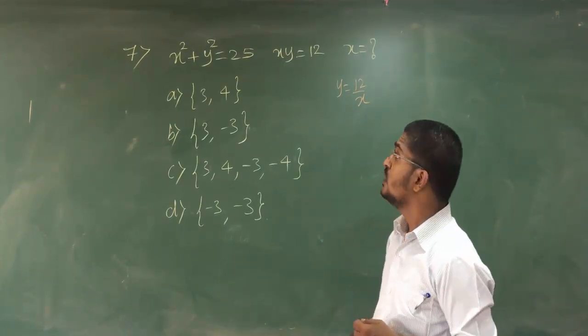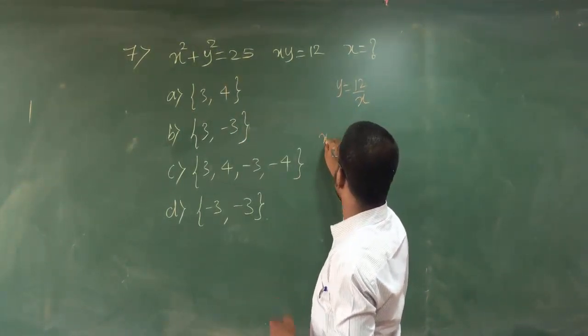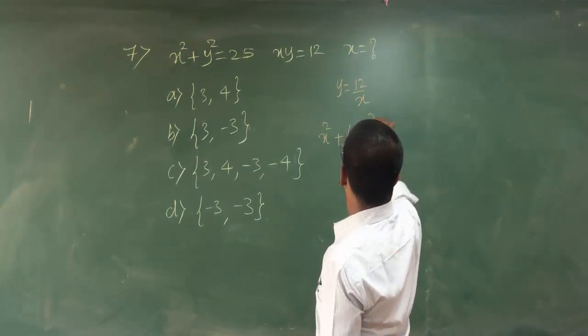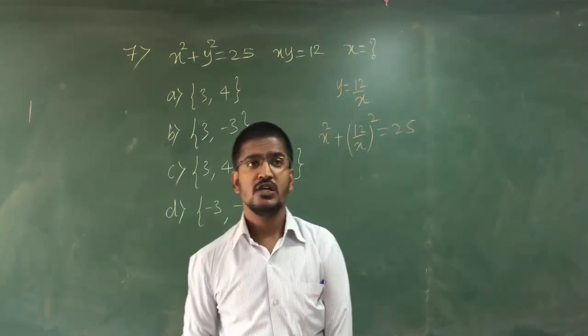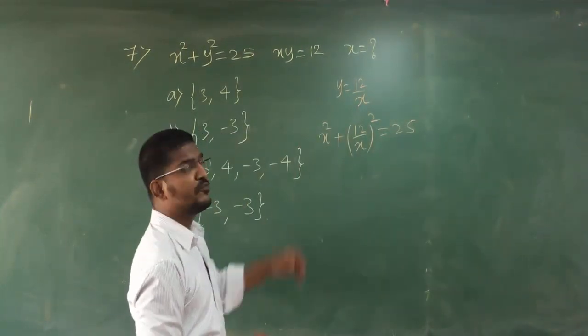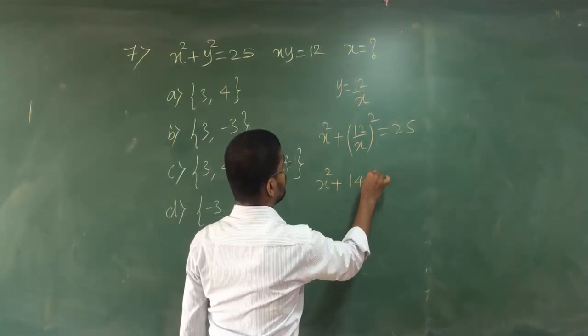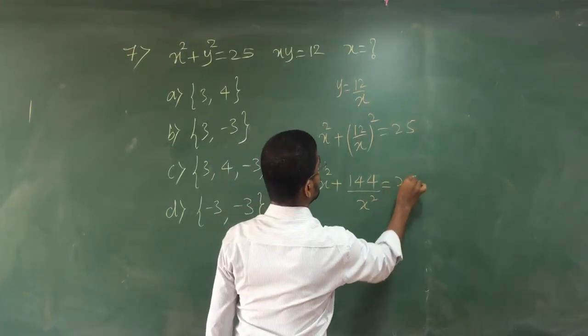y will be 12 by x. In the place of y, you write this. So it will be x square plus (12 by x) whole square equal to 25. Therefore, if I simplify this, x square plus 144 divided by x square equal to 25.